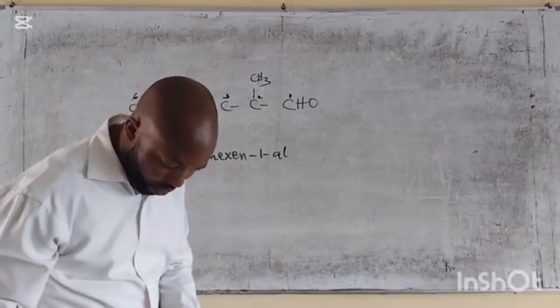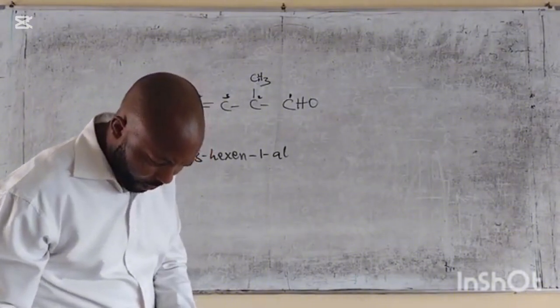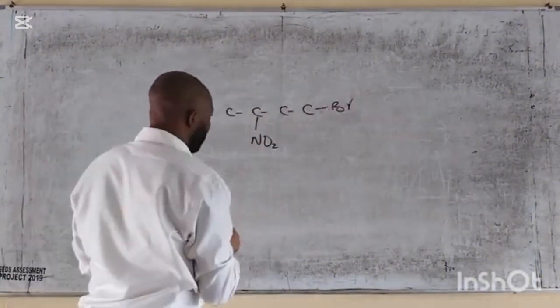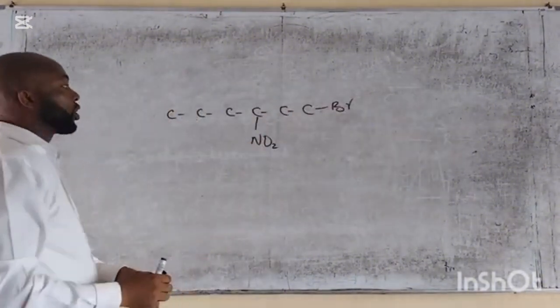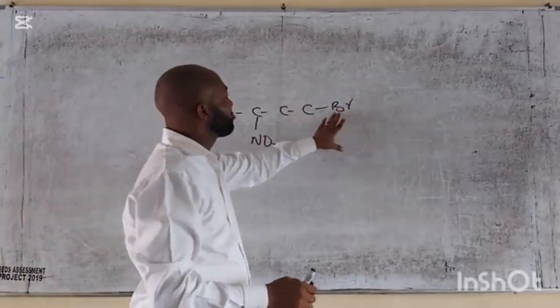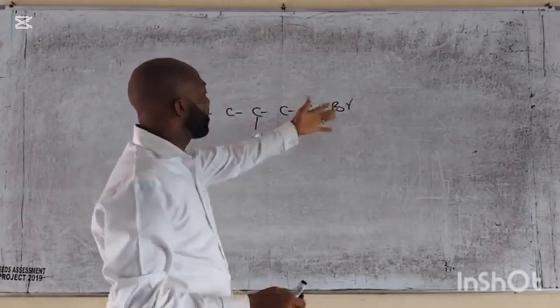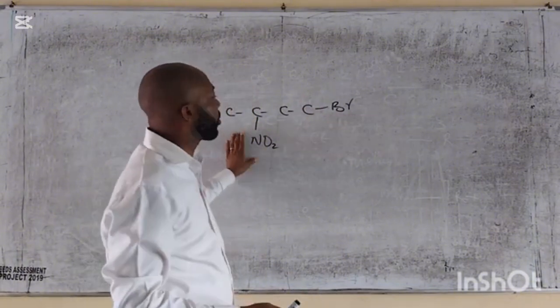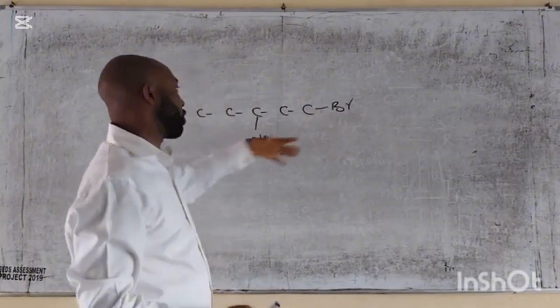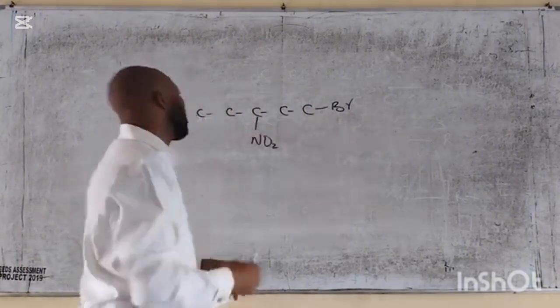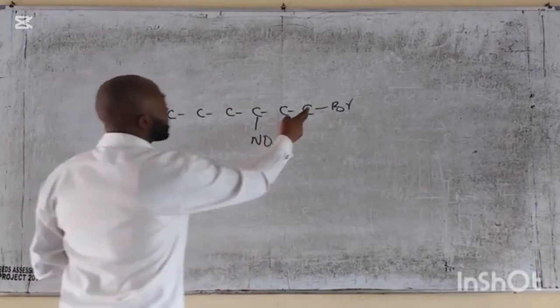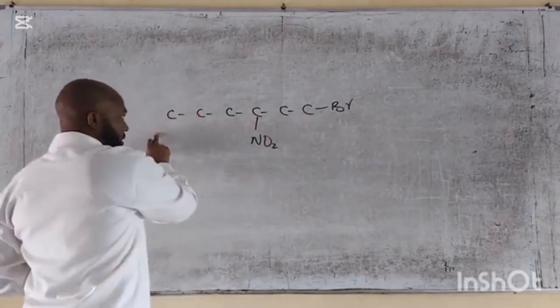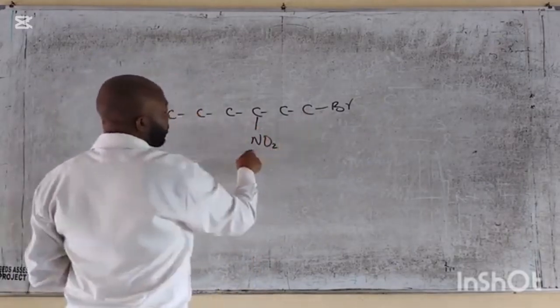Let's take any other one. So, although by mere looking, this takes precedence over this, the name of the compound must certainly end with this, although they are all heteroatoms. So now, we look at this. 1, 2, 3, 4, 5, 6. This takes precedence over this.